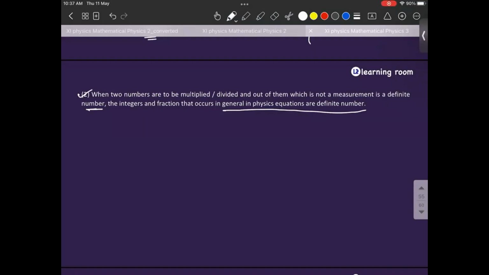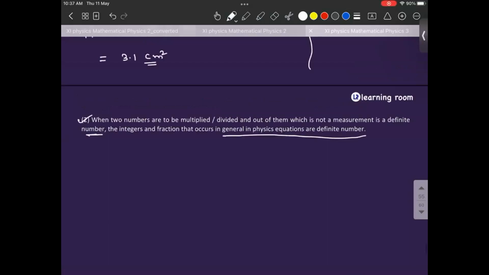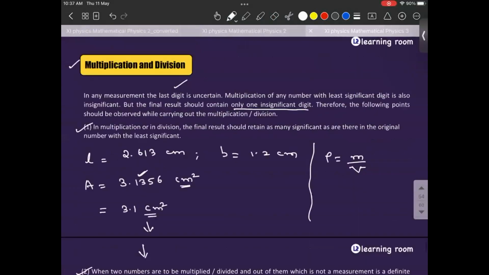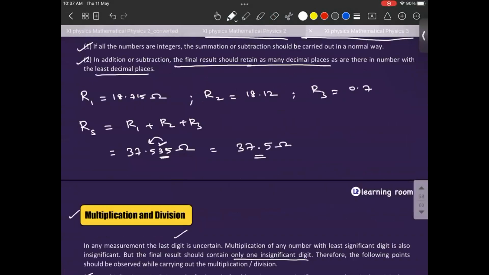Actually, this point is just a statement of what we have followed from the first step. So here I cannot give an example because they are only giving a statement. Whenever you're doing addition, subtraction, multiplication or division, the rule is very simple.